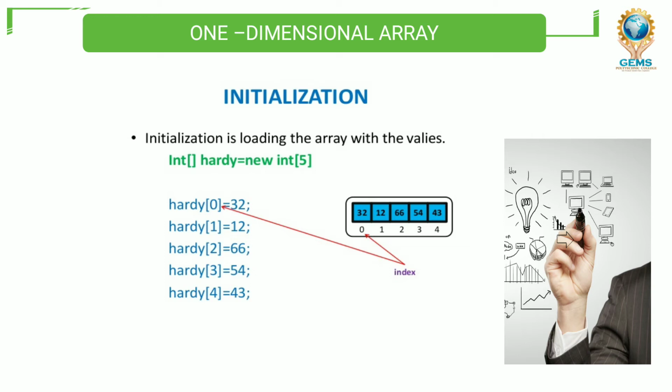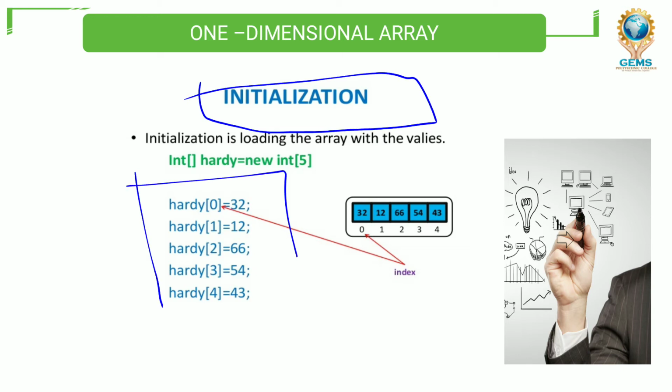Dear students, this is also called initialization. Giving elements or initializing the elements in an array can be done in different ways. We don't need to follow one way, because we can initialize the elements in an array this way also. This is different from what I discussed till now.